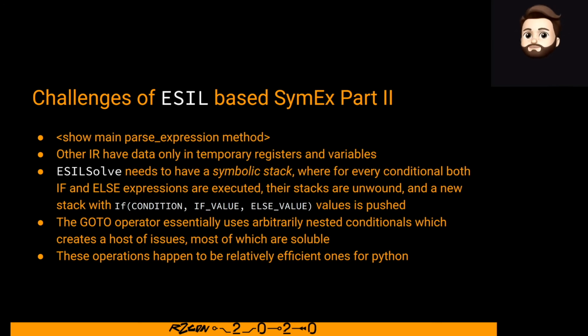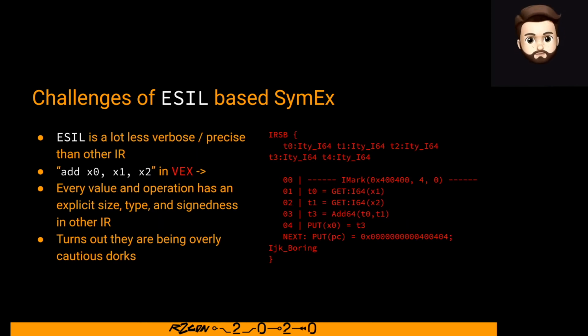So the real challenge of ESIL is based on the symbolic values on the stack. As we saw before in VEX, they're using this temporary variable method, where each of the intermediate values, when an instruction is lifted and then emulated, is stored in temporary registers called T0, T1, T2.